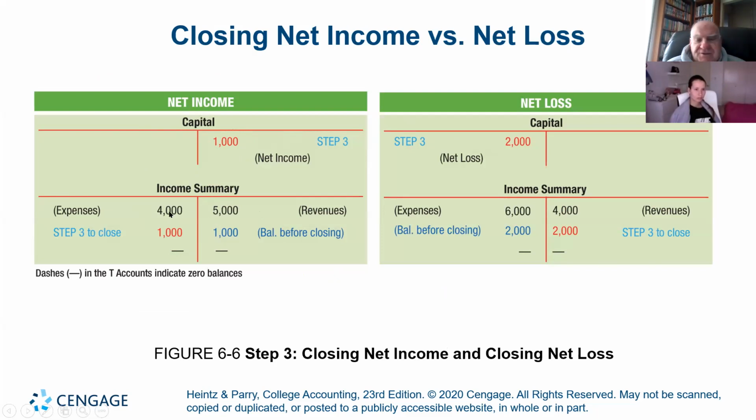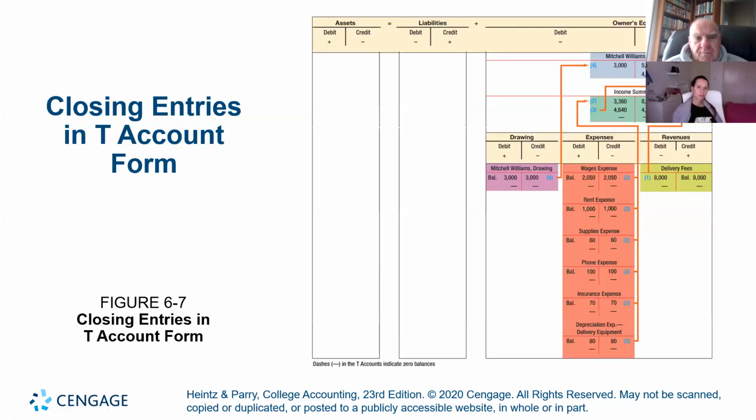We had expenses of $4,000, which we credited and debited to income summary. So at that point, income summary balance before closing is $1,000. And then we're going to move that 1,000 up to capital and get rid of the income summary. So let's continue. I think this is a real good look at what we're trying to do here.